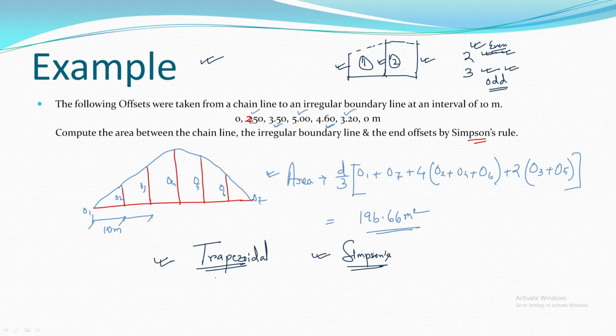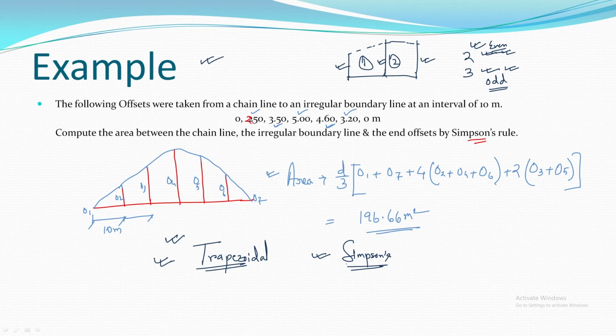Now, another difference, as I already mentioned at the time of derivation: in Simpson's rule the boundaries are not considered to be a straight line, but in the trapezoidal rule the boundaries are considered to be a straight line. So, this is another difference.